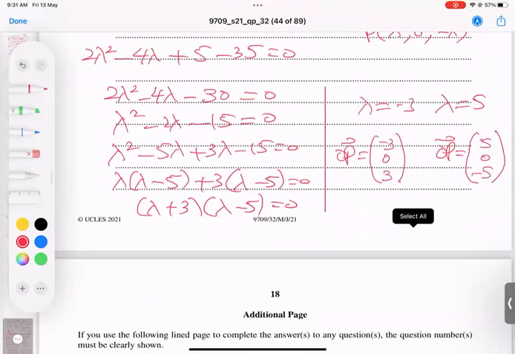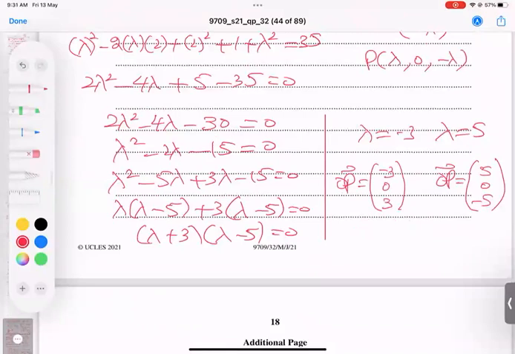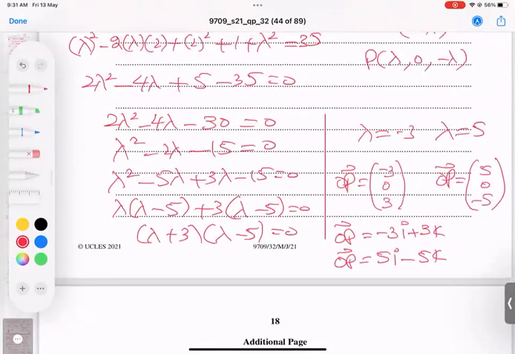Let me check again, yes, all okay. Or in this writing style: negative 3i plus 3k, or 5i minus 5k. Both are okay, you can choose any one. And Alhamdulillah, the question paper is completely over.